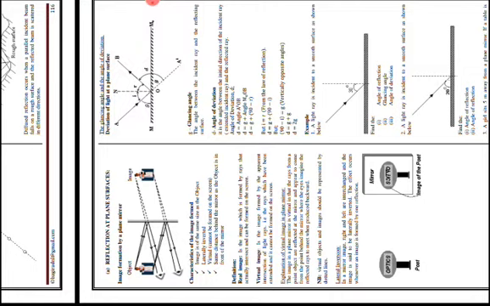It is represented by the small letter d. So d equals the angle A prime O B. That angle, represented by that arrow, is what we call the angle of deviation.